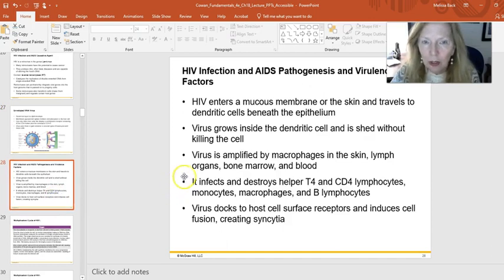Some of the treatments are going to end up trying to interfere with viral replication once it's inside of the host cell. So there are many different mechanisms to try to control this virus, and many of those treatments are actually working. So now people with HIV positive status, many, not all, but many, who get diagnosed early, who have early treatment and consistent treatment, can live a normal lifespan.